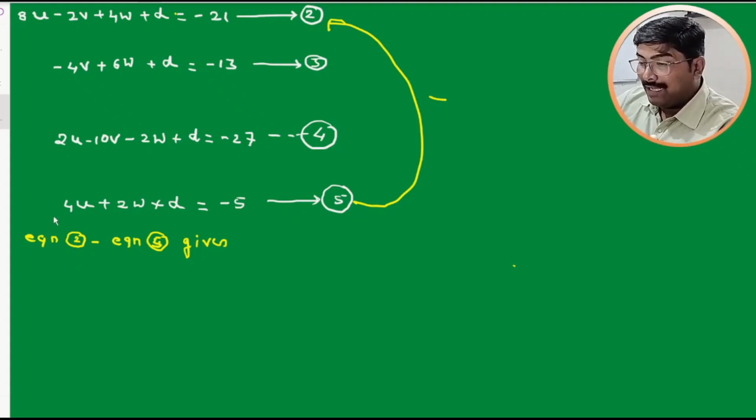After subtracting, the sign changes for equation number 5. Now you can add equation 2 and 5.